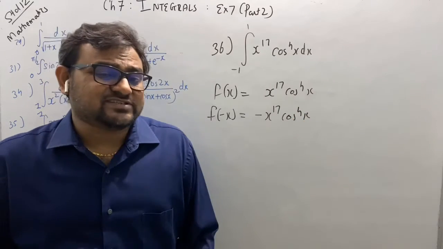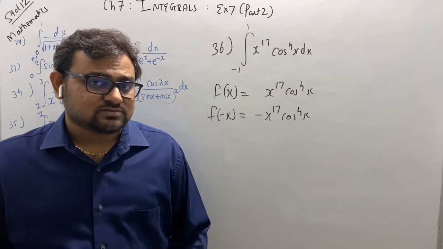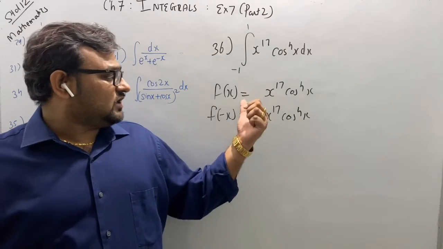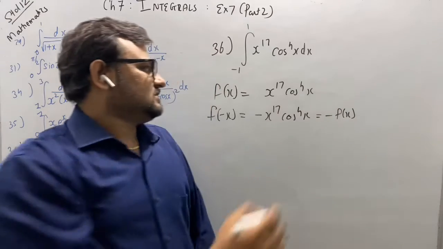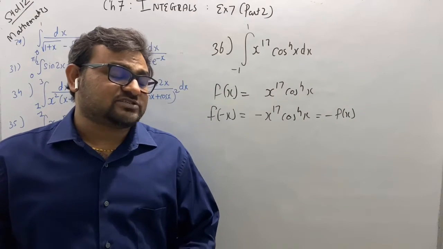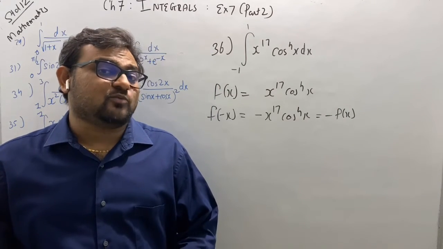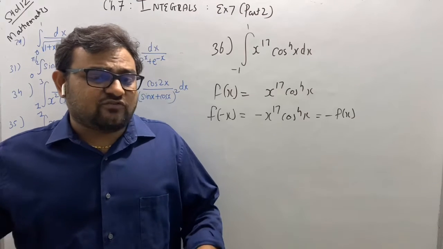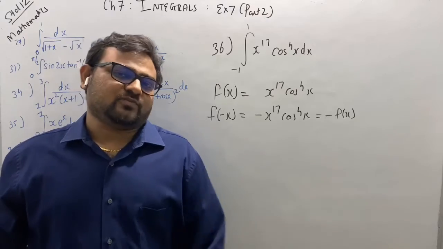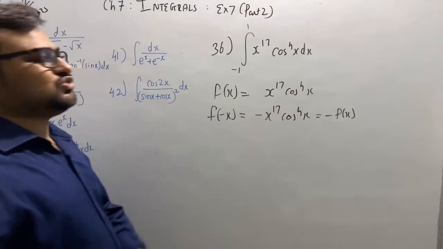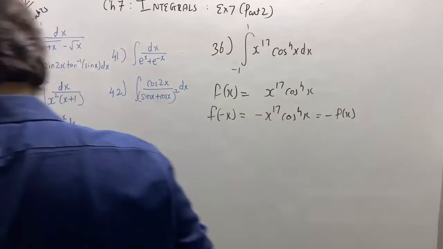See here, f(x) is not equal to f(minus x). Rather, f(minus x) is equal to minus f(x). Both are not the same. So it is an odd function, and your answer will be equal to 0. Clear? Okay, so this was question number 36. Let's move to the next one.